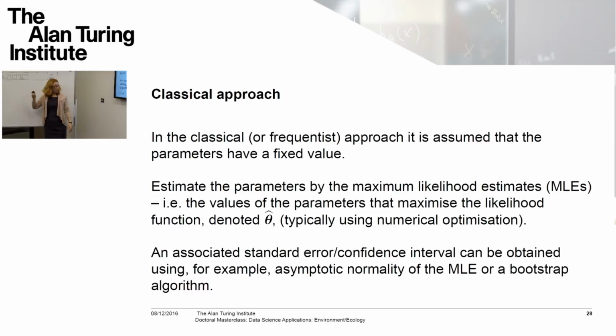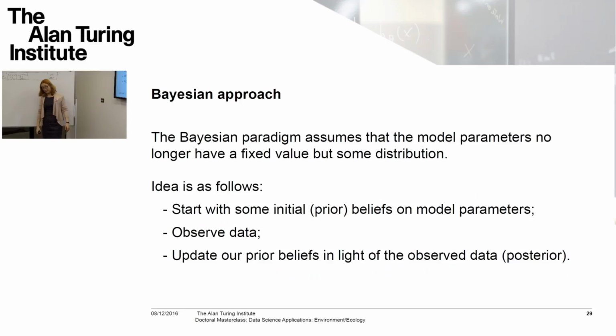That's one framework. The other framework is Bayesian. The mindset is slightly different here, and the idea is that the parameters no longer have a single fixed value, but have some distribution, and we want to estimate that distribution. There are some controversies with the Bayesian approach, less so these days, but still, I'll mention it in a minute.